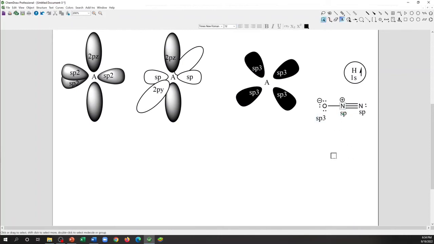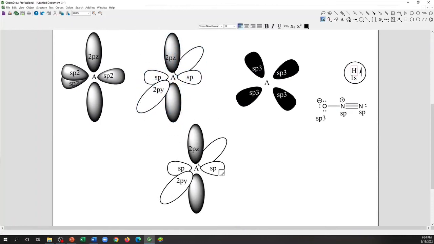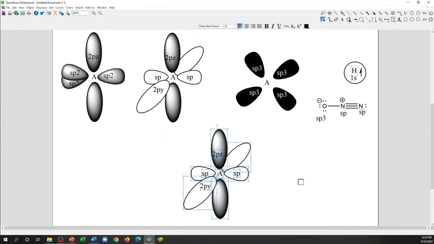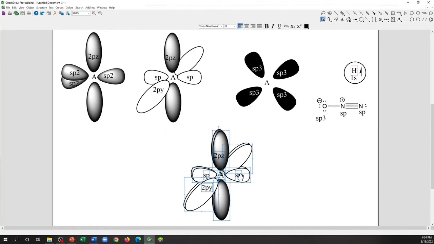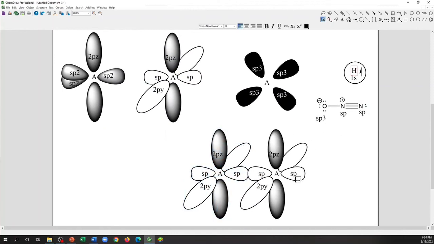So if we look at an sp hybridized nitrogen, we're going to take our sp hybridized stamp and drop it down right here. And the other nitrogen is also sp hybridized. So we're just going to touch those 2 sp orbitals together to go ahead and make our sigma bond. We'll have one pi bond occurring between the 2 pz orbitals and the other pi bond occurring between the 2 py orbitals.